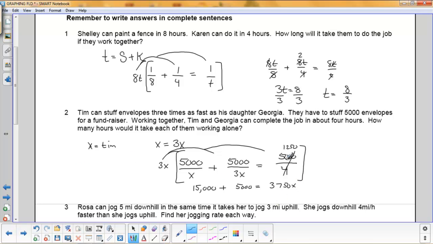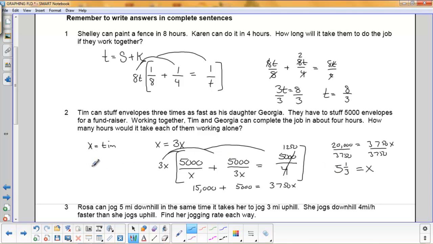So we're going to get some more space over here. 20,000 equals 3,750x and x equals 5 1/3. Now, that's the amount of time that it will take Tim to do the job by himself.